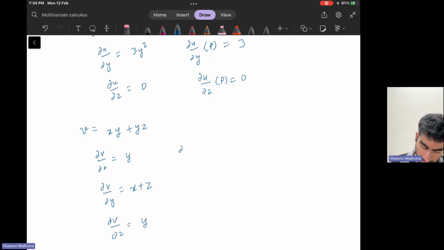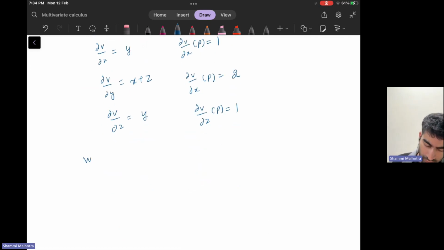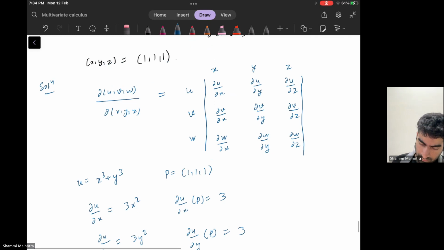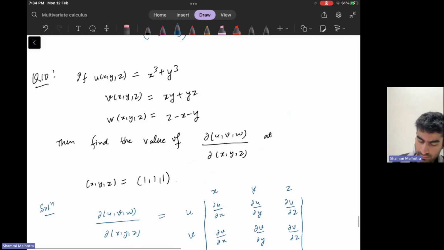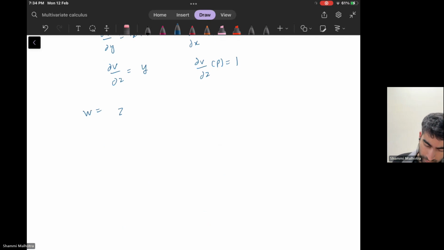So at the point, these values will be 1, 2, and 1. And finally, we have w given as z minus x minus y. So del w by del x would be minus 1, del w by del y would be minus 1, and del w by del z would be 1.